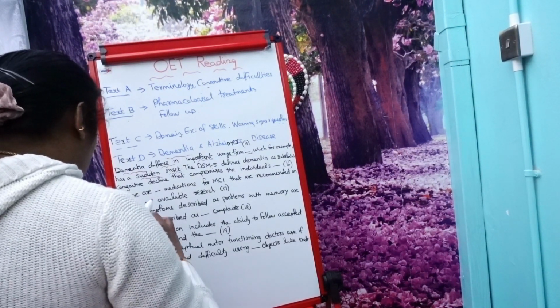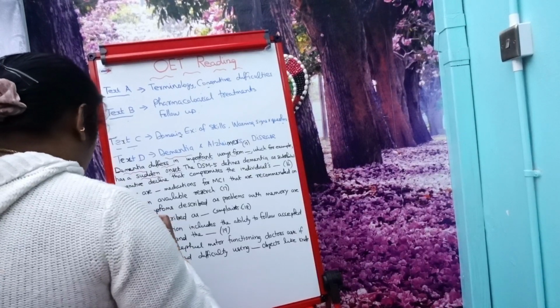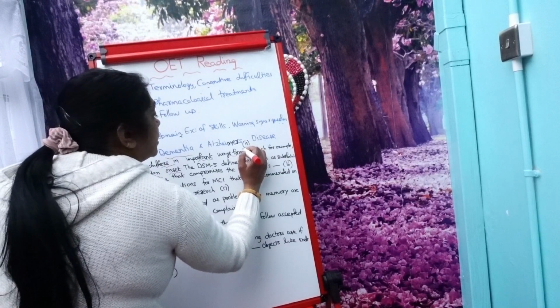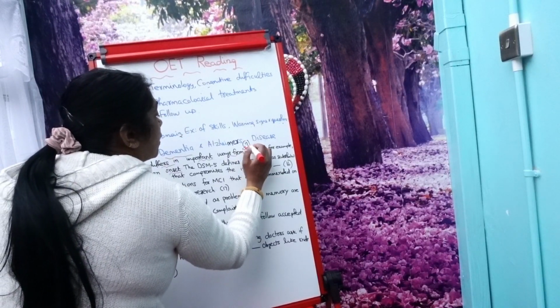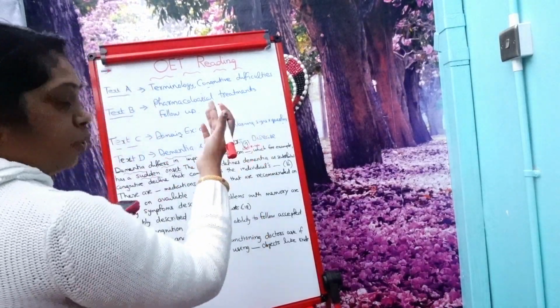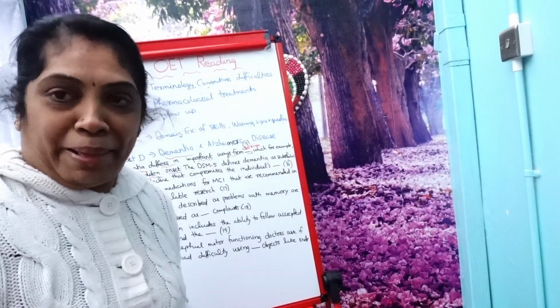Dementia, the acute onset, what is called delirium. You can easily remember it, or just look at your surroundings, so you know the answer without reading the passage, isn't it?